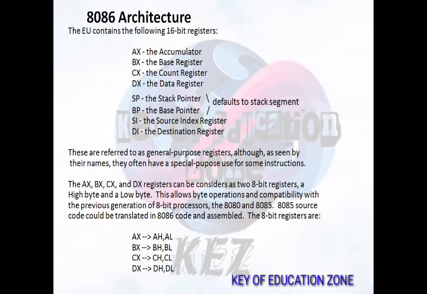See here, this A part, A means accumulator. I am telling the mnemonics here also. EU part contains AX, that is accumulator, BX base register, CX count register, DX data register, SP stack pointer, next BP base pointer.